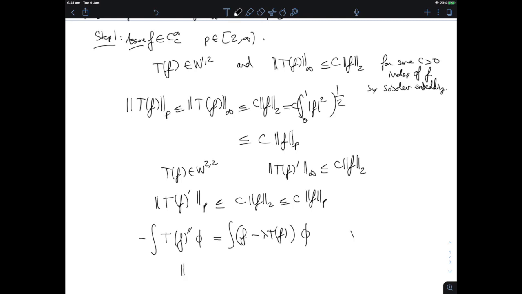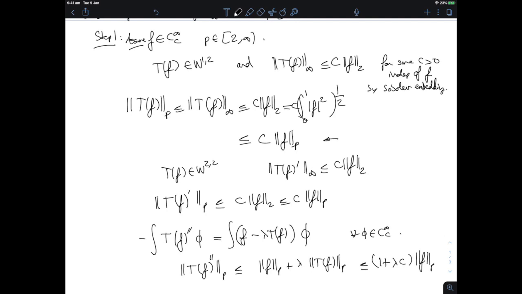That tells me that, because this is true for every phi, C infinity compactly supported, then I can take a limit and extend that to any phi in L prime, and that would be telling me that T of f second is an element of LP and has an LP norm controlled by the LP norm of f plus lambda times the LP norm of T of f. But we know that the LP norm of T of f is a constant times the LP norm of f, so this entire thing is smaller than 1 plus lambda times the constant we had in this line times the LP norm of f. Okay, so what have we proven?